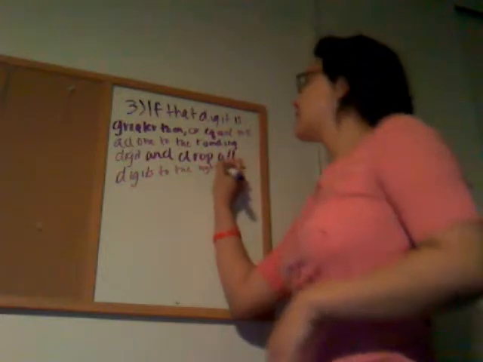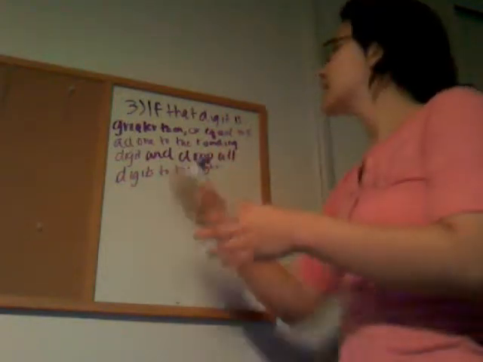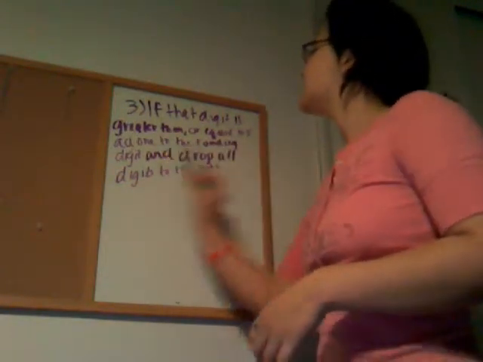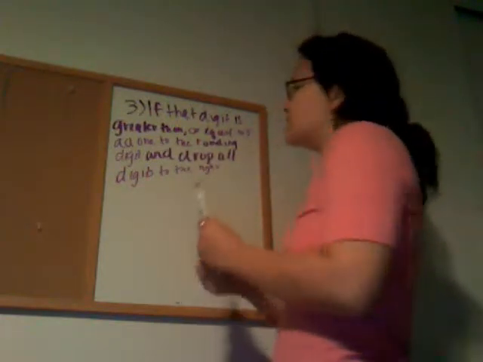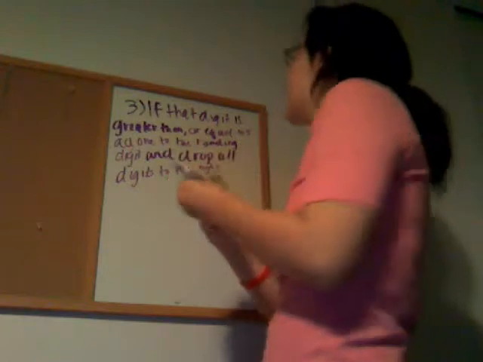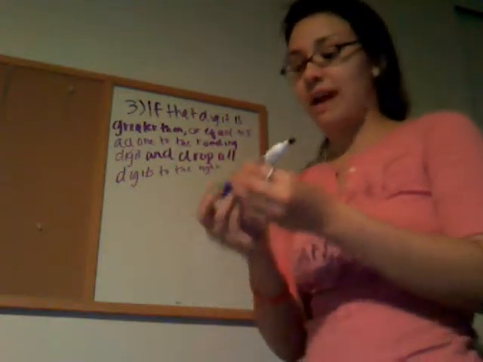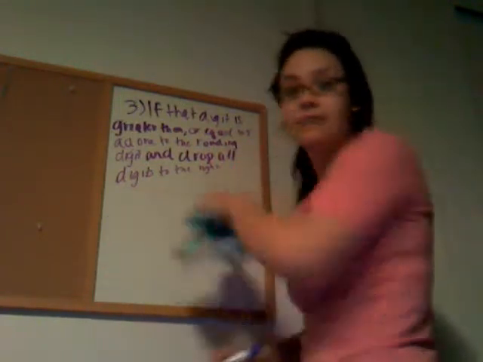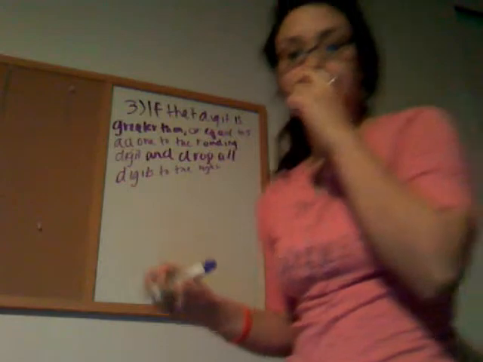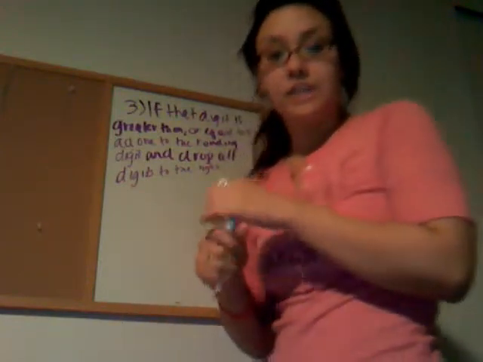So here's the third and final step. It states if that digit is greater than or equal to 5, add 1 to the rounding digit, and drop all digits to the right. So let's just get that copied down. I'll leave it up here so you can get the rest of it, okay?